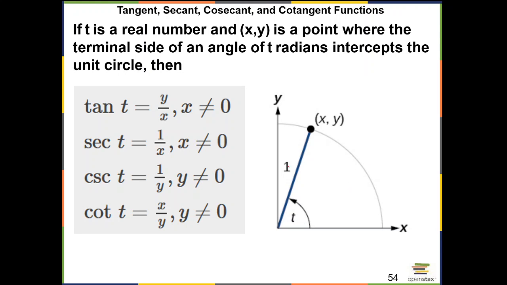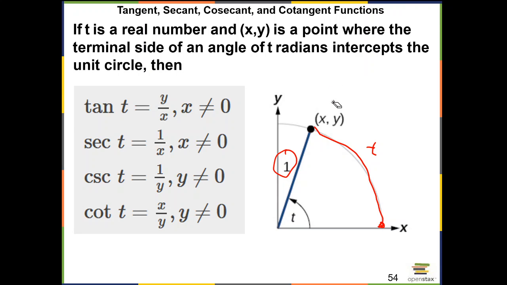So since the radius here is 1, this angle in terms of radians is the same as this arc length from here all the way to here.